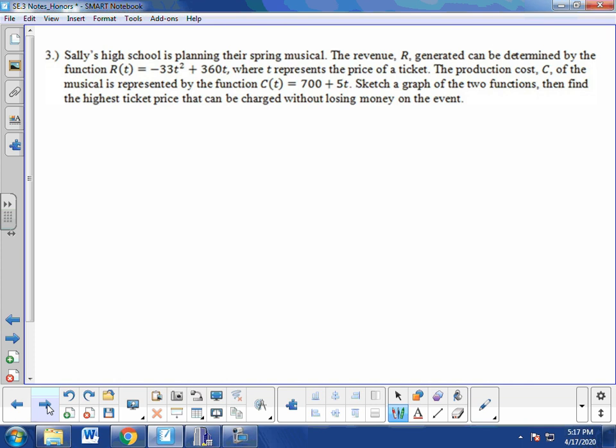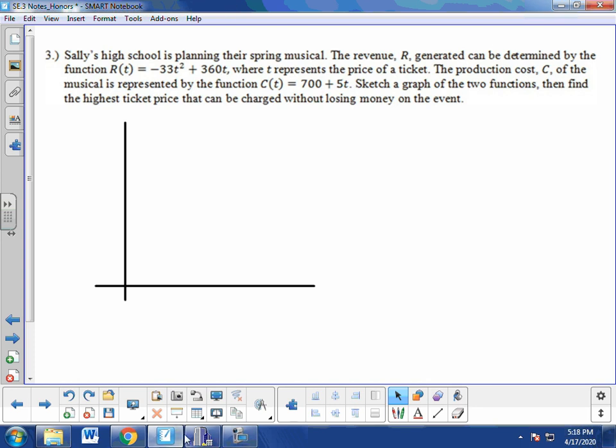Sketch a graph of the two functions, then find the highest ticket price that can be charged without losing money on the event. So we have an equation for revenue and we have an equation for cost. What we want to find is how we can set the ticket price so that we will not lose money.